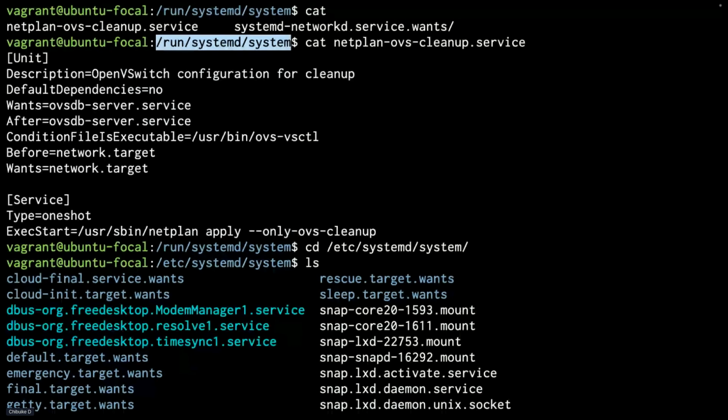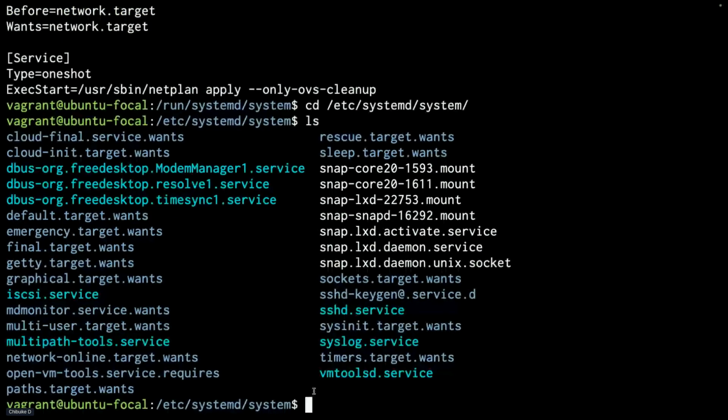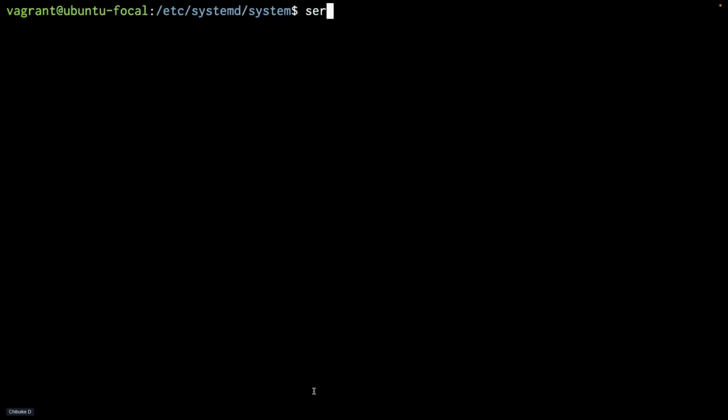So now, there are different service utilities that you can use with your systemctl. You can either decide to use service or systemctl.